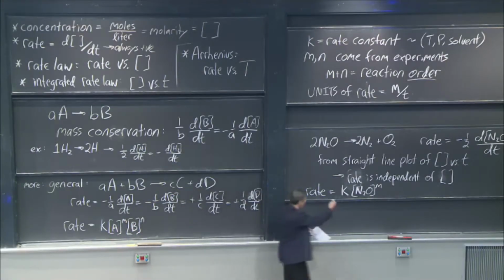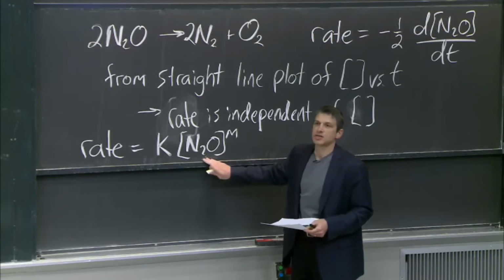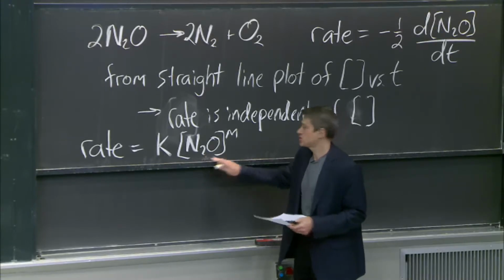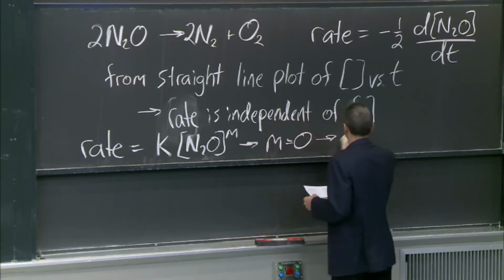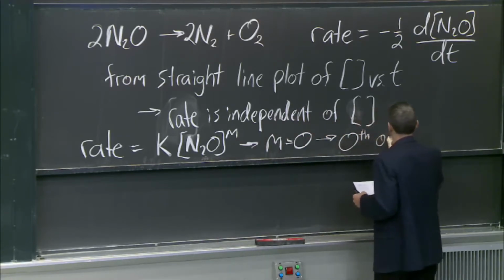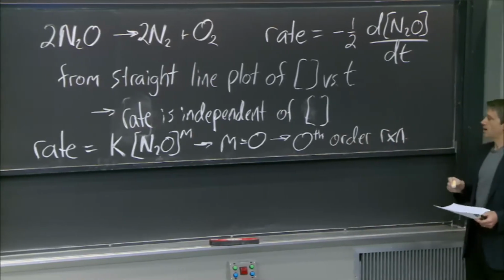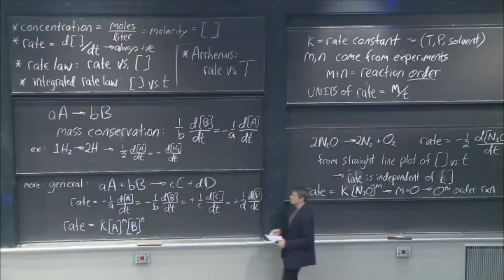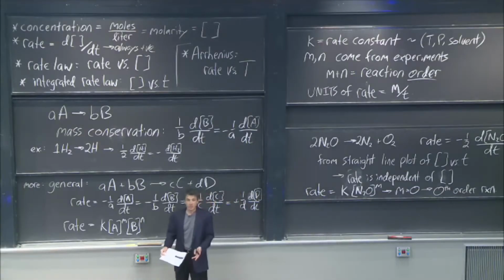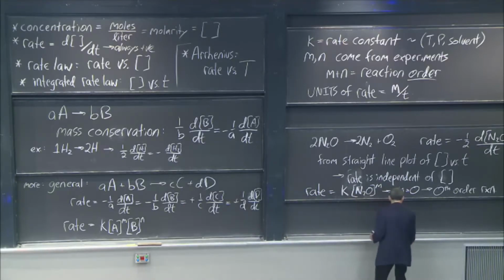I've just got one, N2O, raised to the M. But I know there's no concentration dependence of this rate. So I know that M equals 0, and it's a zeroth order reaction. Which means that the rate is simply equal to K. The rate must equal K.